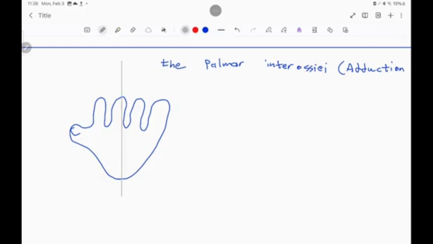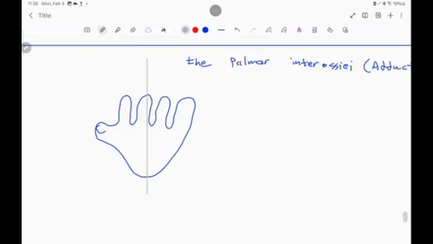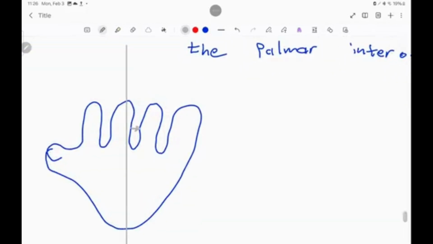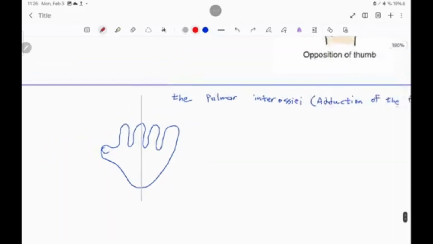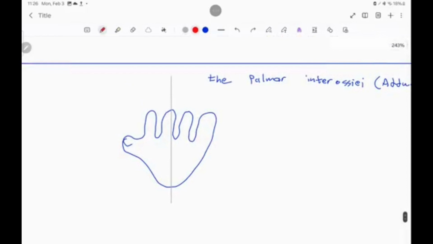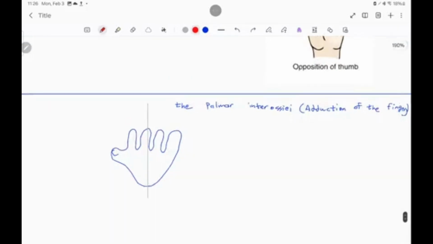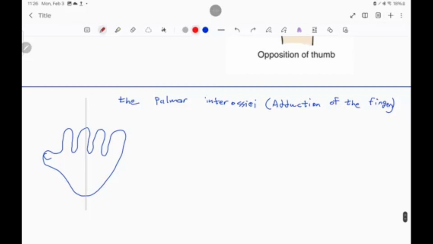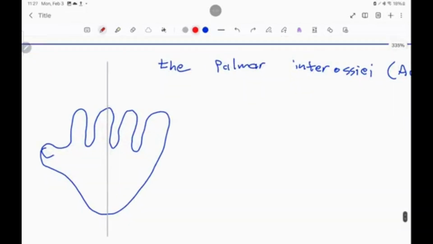The middle finger can abduct, go away from the axis, but can it adduct? No, it can't, because it is the axis itself. So this finger does not undergo adduction, so do we expect any palmar interossei on the middle finger? No, because we don't do adduction to the middle finger.